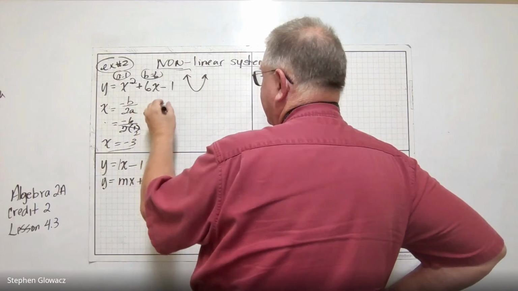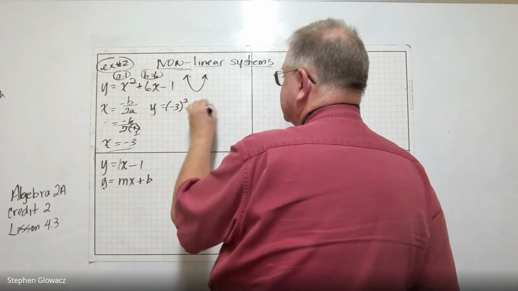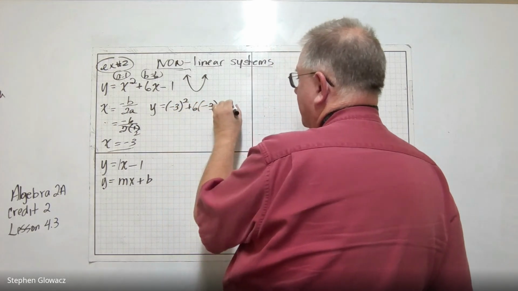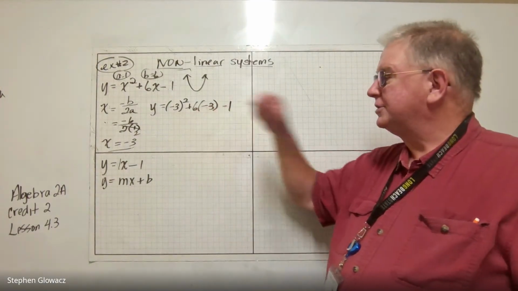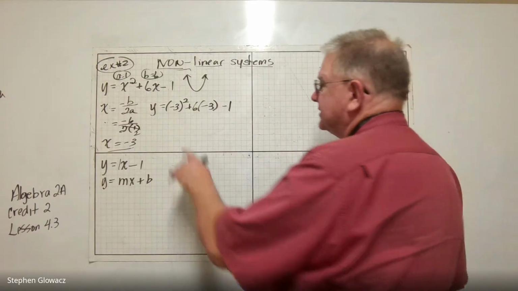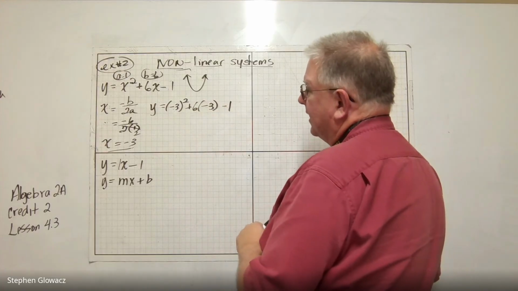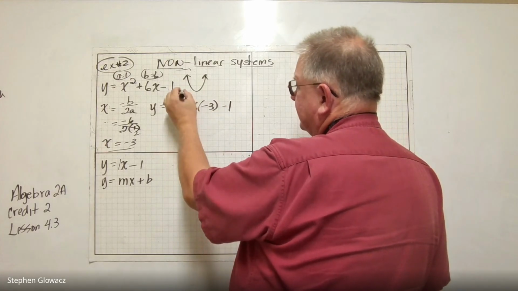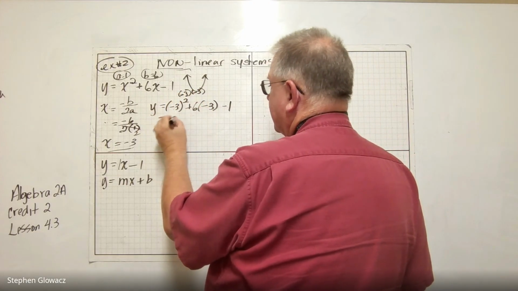So we have y equals -3 squared plus 6 times -3 minus 1. And so we're going to simplify this using our order of operations, which means exponents, then multiply, and then add or subtract. So -3 squared, which means -3 times -3 is a positive 9.